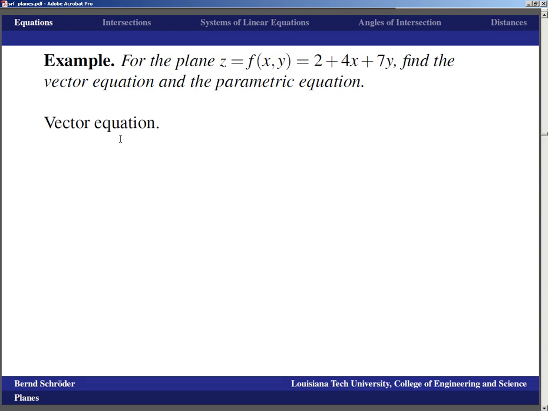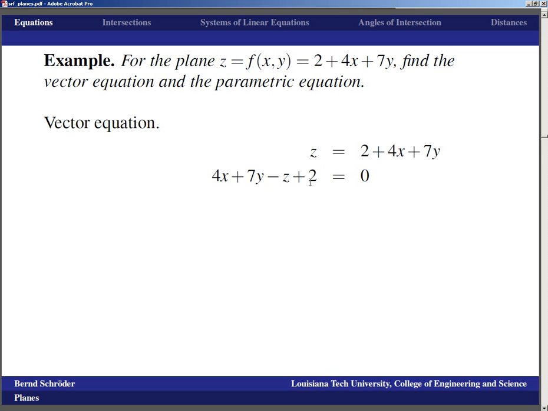So first, let's find the vector equation. Well, z equals 2 plus 4x plus 7y. If I bring the z over, or if I bring the 4x plus 7y over to the left, either way, I want to have my variables on one side. And so I could say this is 4x plus 7y minus z plus 2. So I brought the z over and then switched sides.